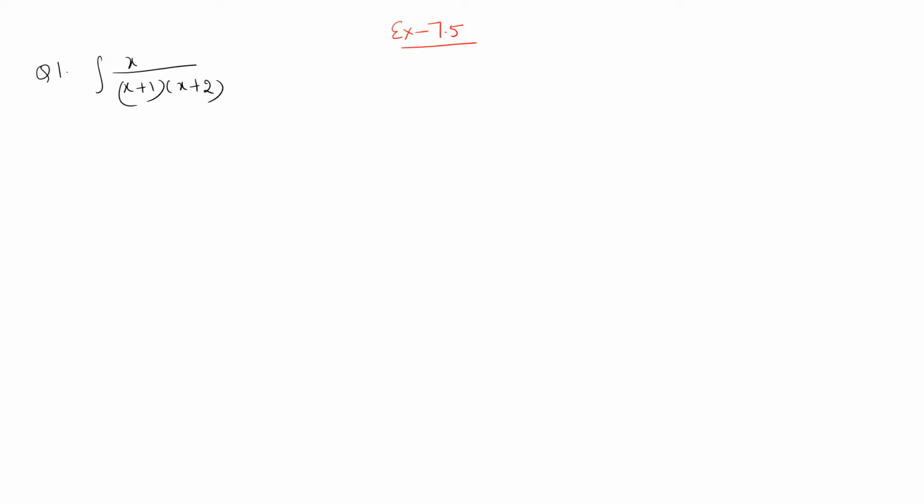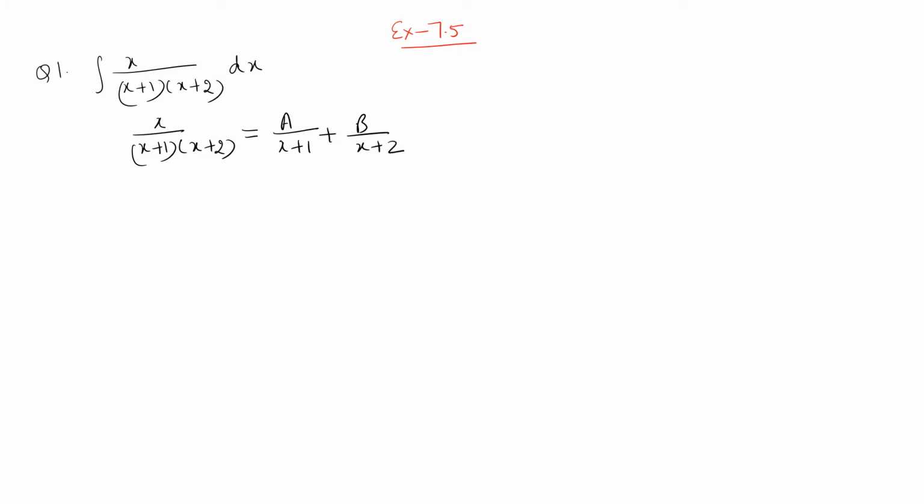Now as per the table that we have gone through, x upon x plus 1 into x plus 2 will be resolved to the partial fraction a upon x plus 1 plus b upon x plus 2.